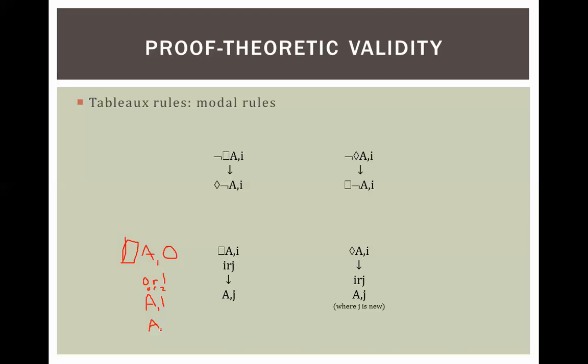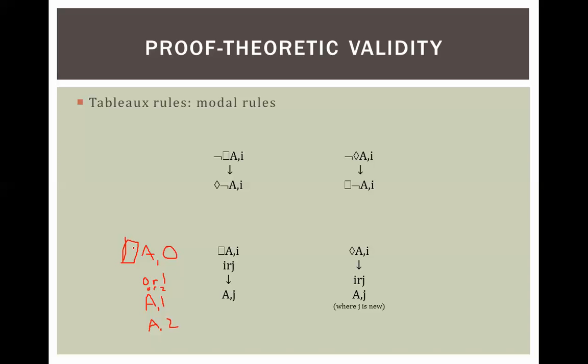So here's one weird thing about the box: you never check the box, because it's always possible that you can use that rule again. For all the ones that we've done before, once you use the rule, you're done with that formula, you check it, to let you know, don't come back to this. But for box A, it's always possible that later on you have something that you can reapply this box to, if 0 ever relates to some other world.